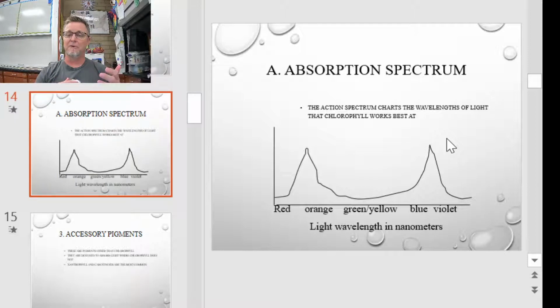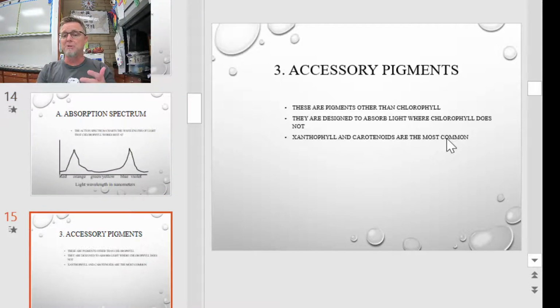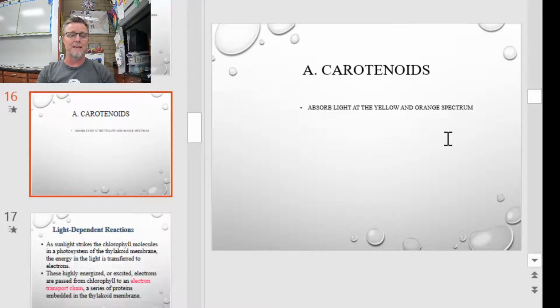And as chlorophyll goes away, the only thing that's left in a plant's leaf for us to see are these accessory pigments. So a green leaf might turn yellow, it might turn orange or red, and then eventually brown as all pigment production stops and the leaf falls off, the plant goes dormant for the winter. So those are our pigments that make it possible for us to actually capture this solar energy.